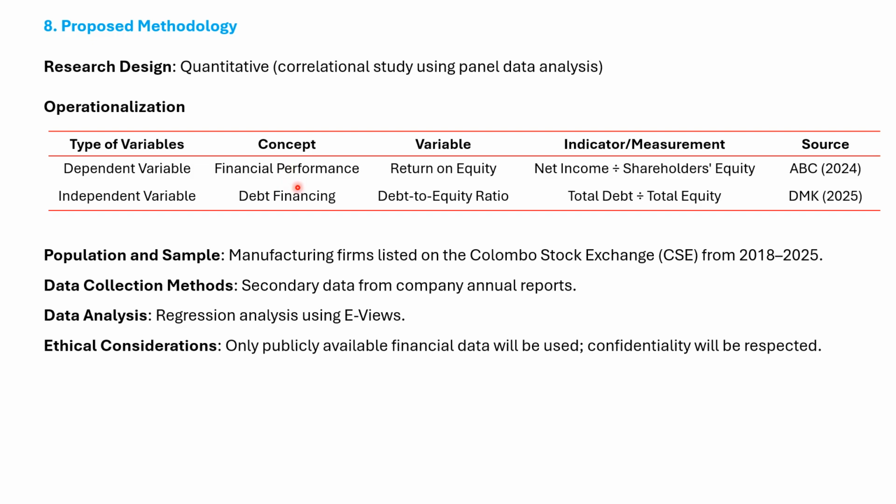These two are being captured by return on equity and debt to equity ratio. So we measure the return on equity like this, and we measure the debt to equity like this. This is what we know as operationalization. So we need to specifically say this is how we are going to measure our dependent and independent variables.